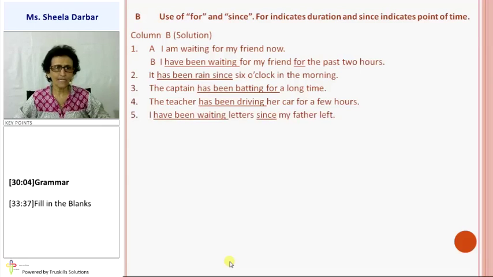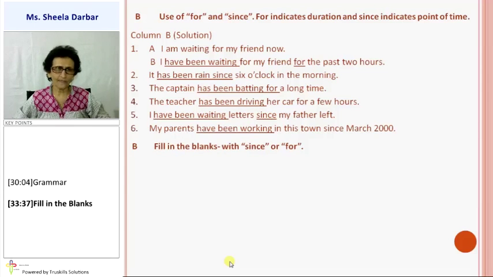Fifth, I have been writing letters since my father left. That means the letters are still continued. Sixth, my parents have been working in the town since March 2000, meaning they are still working in the town.